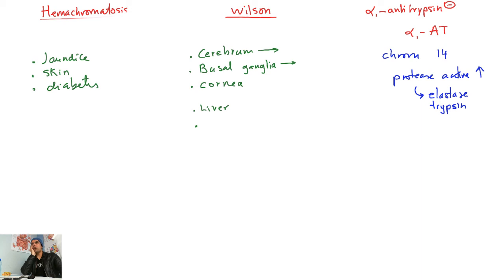Putamen and caudate are the most important ones. Substantia nigra is not involved that much, which is more midbrain. So two nuclei of the basal ganglia are primarily involved, putamen and caudate.